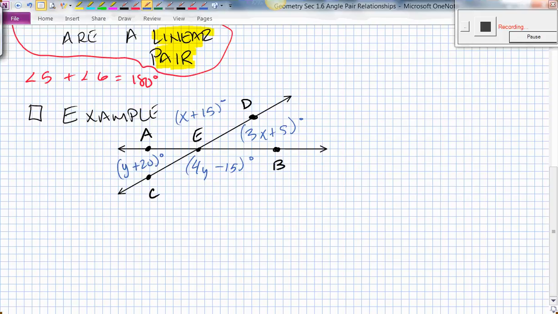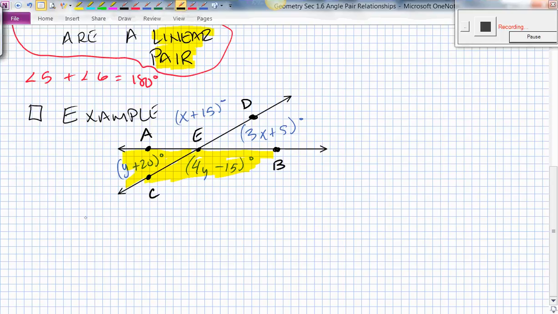What you have to identify are the linear pairs, okay? So where are the linear pairs? I know that this angle here is a linear pair with this angle here. It's also a linear pair with DEA, but these both have y's in it, right?